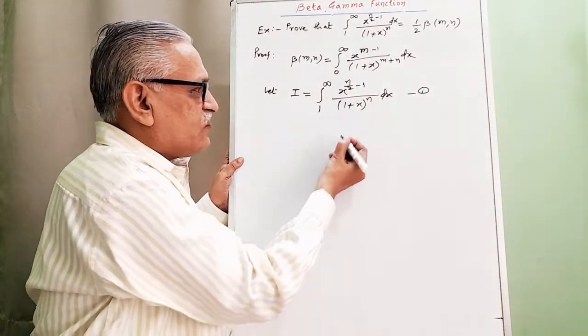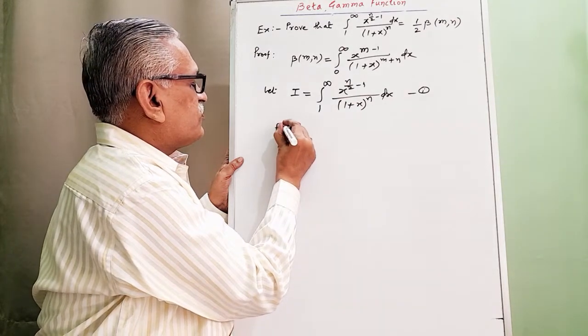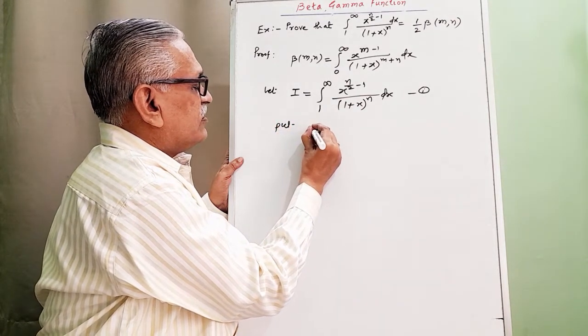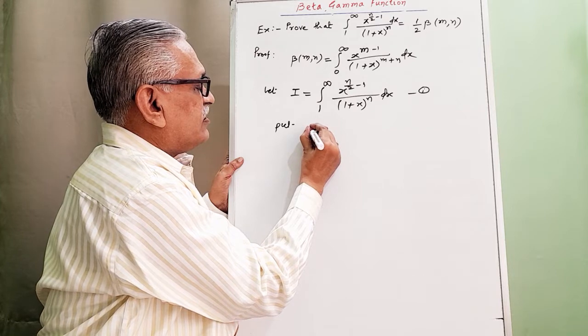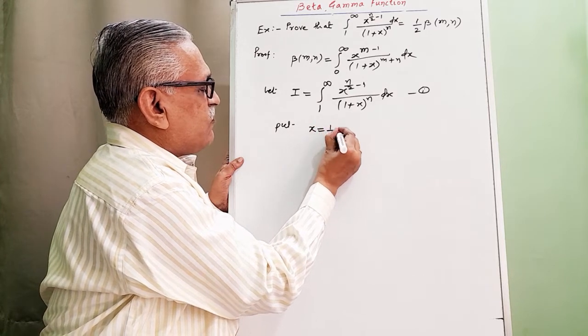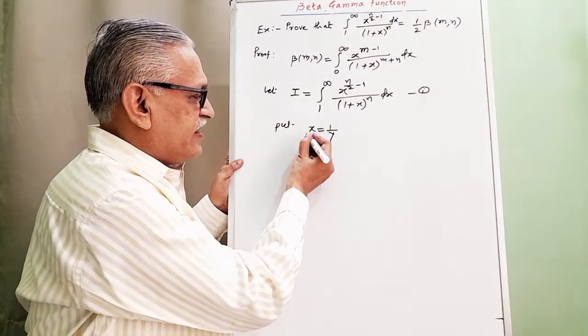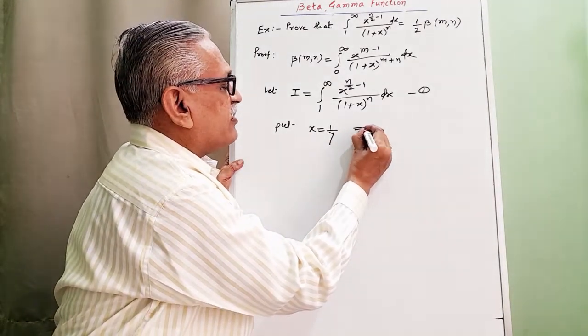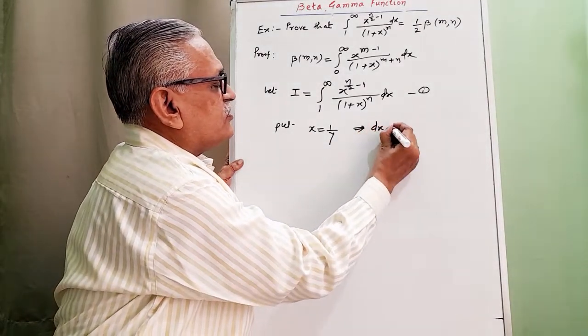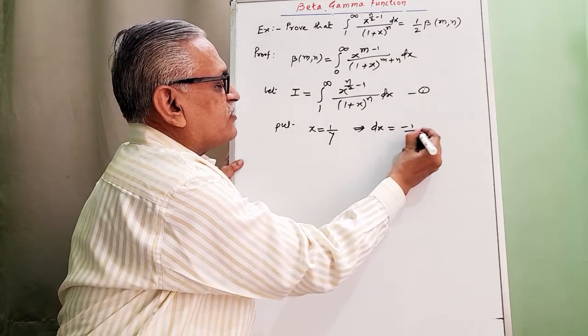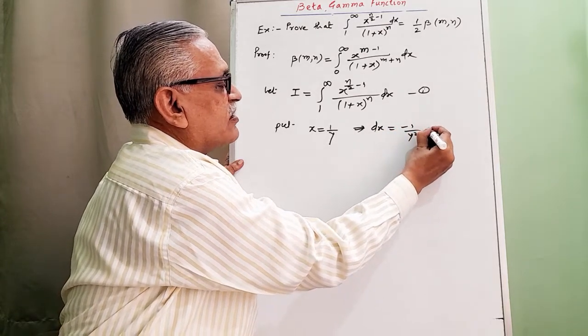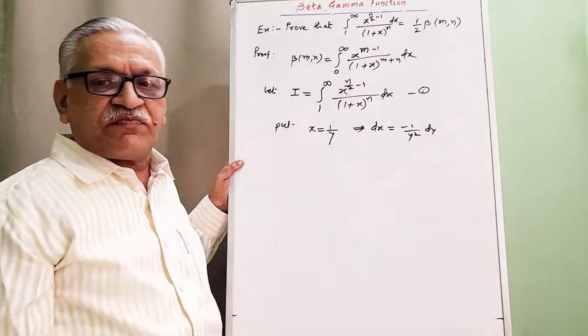In this equation 1, we substitute x = 1/y. This is a standard substitution. Differentiating with respect to y, we get dx equal to the derivative of 1/y, which is minus 1/y^2, times dy.